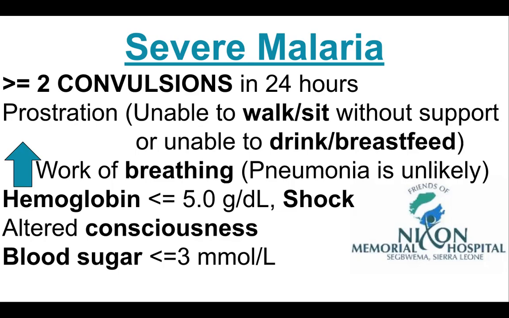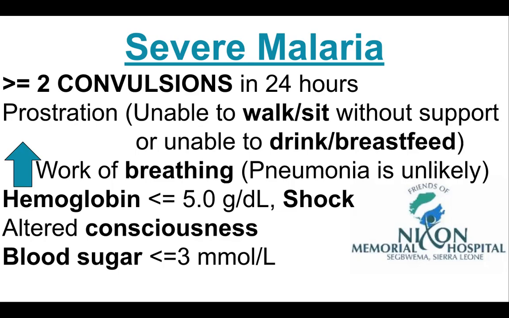And then the fourth criterion is hemoglobin less than or equal to 5.0 gram per deciliter, or shock. Remember we mentioned the criteria of shock in children: cold extremity, capillary refilling time longer than 3 seconds, and weak and fast pulse.